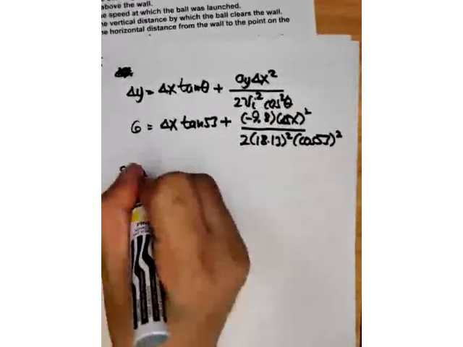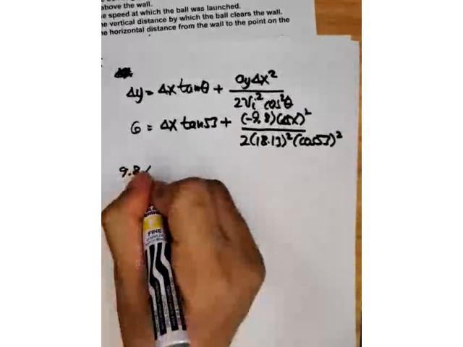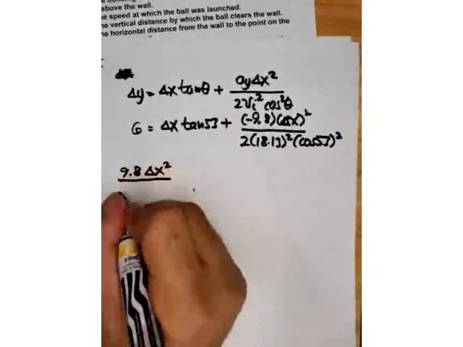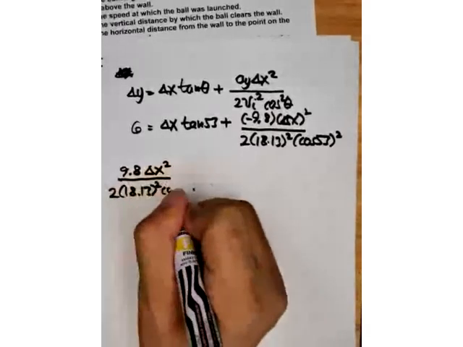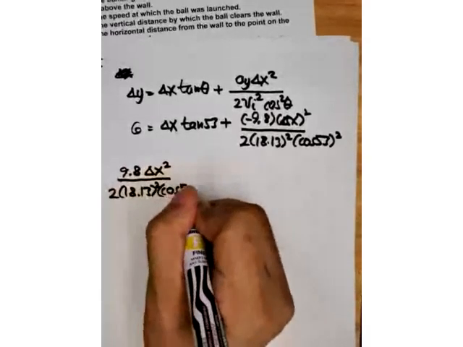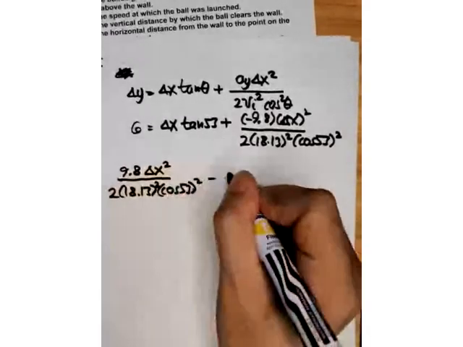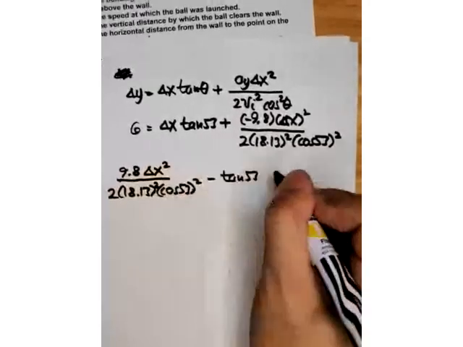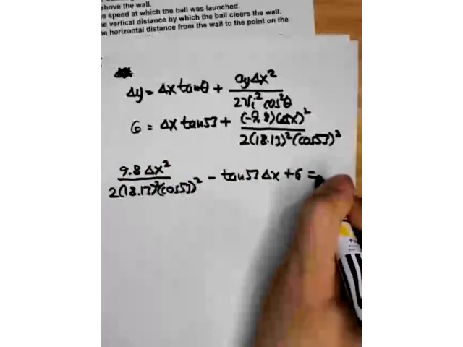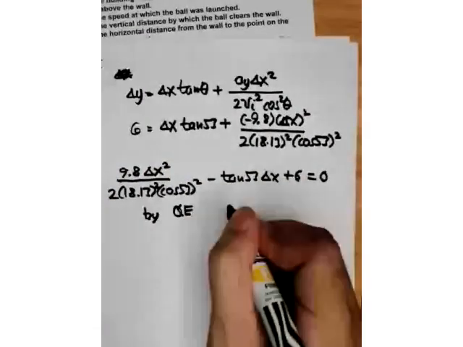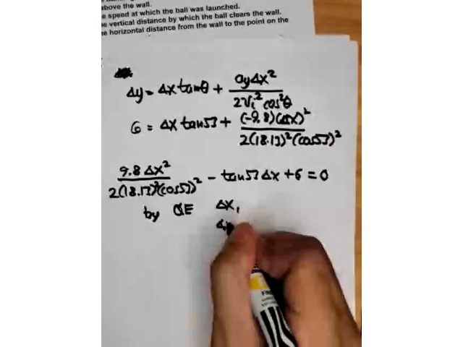So, that's 9.8 delta x squared over 2 times 18.13 squared cosine 53 squared minus tangent 53 delta x plus 6 is equal to 0. So, by quadratic equation, what is delta x1 and delta x2?